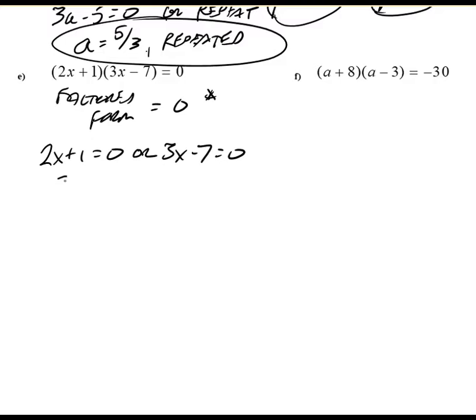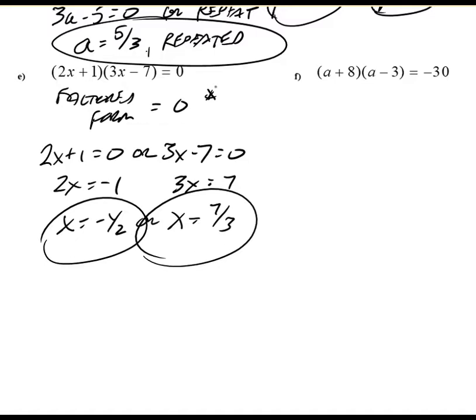In solving, we get 2x equals -1, or x equals -1/2, or 3x equals, if I add 7 to both sides and then divide by 3, x equals 7/3. So we get our two answers, and that's just noticing right from the start that we were in factored form. We don't have to do anything to that.